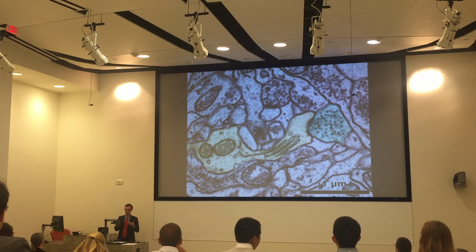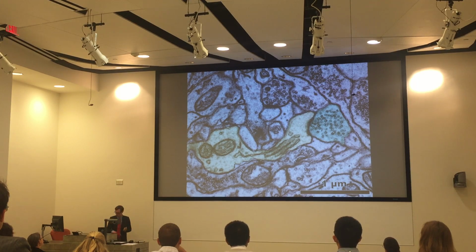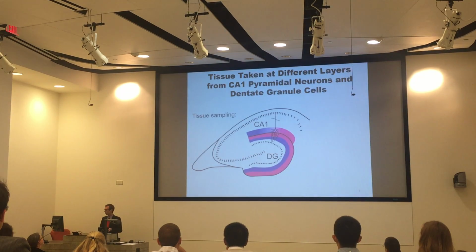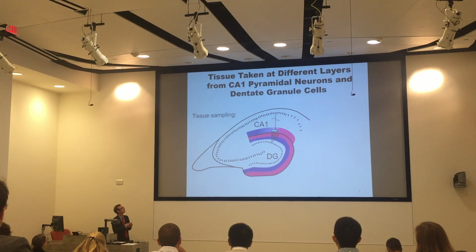And the smooth endoplasmic reticulum can then go on to form an elaborated complex known as the spine apparatus, which is pictured here. So this led to the question of, for these two distinct cell types, how is SER and the spine apparatus distributed along their dendritic arbors?